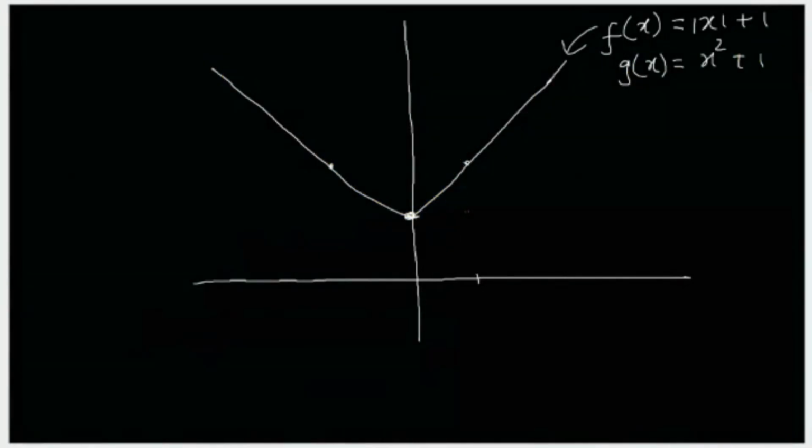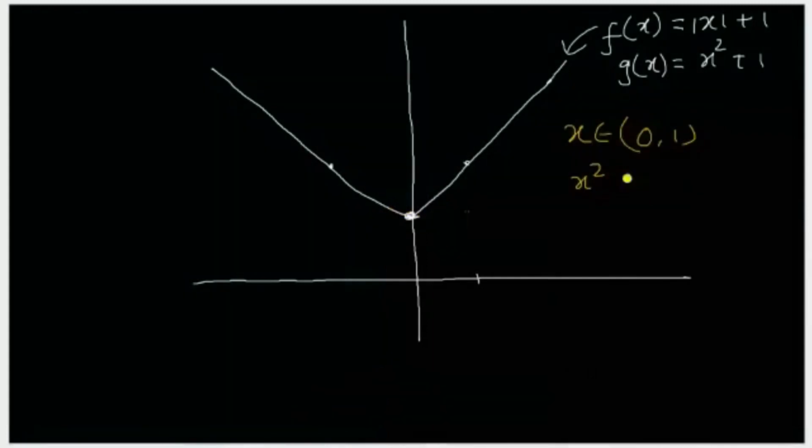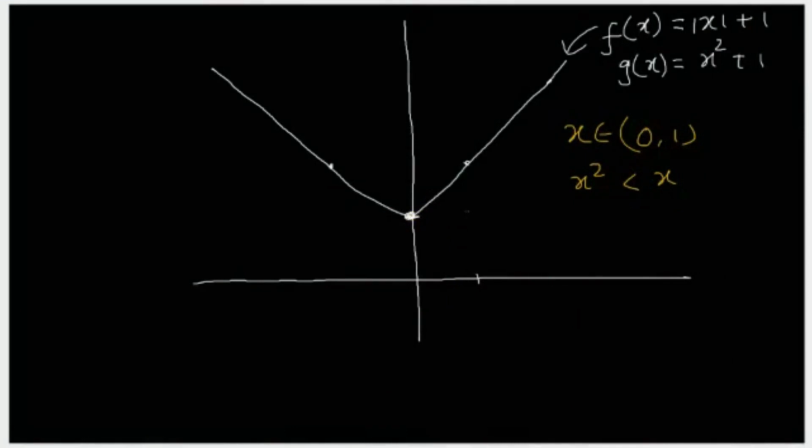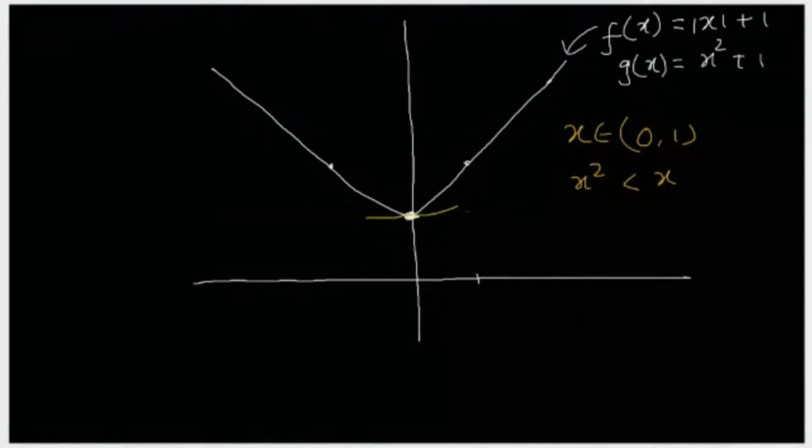At any step you move to the left or to the right, x squared will move. If x lies between 0 and 1, x squared will be less than x. So from 0 to 1, it will go below. And from the points 1 and minus 1, it will go ahead.